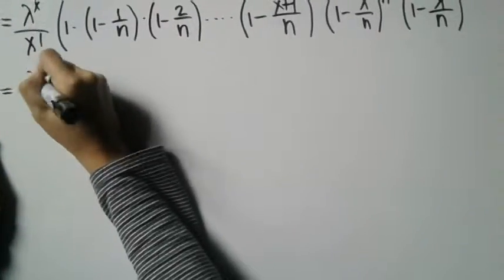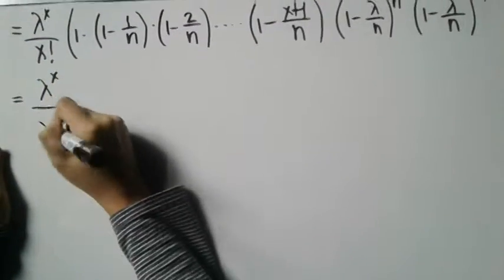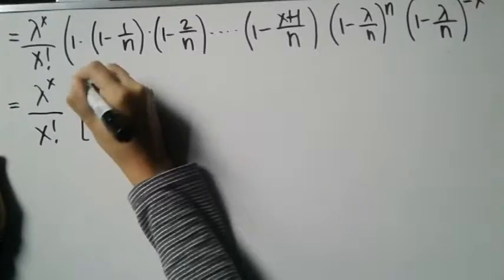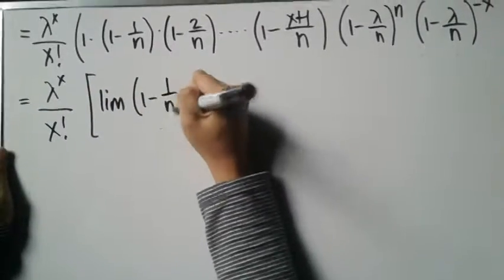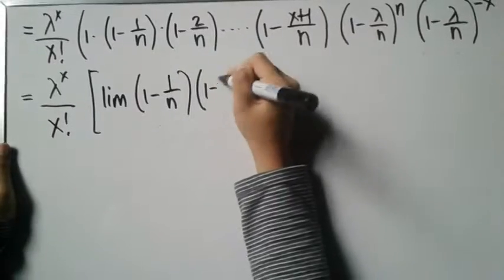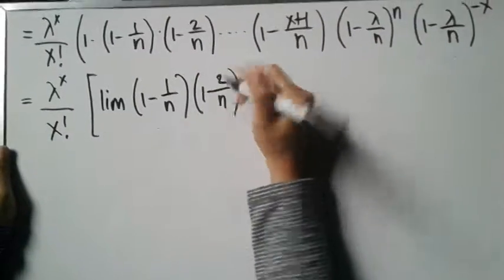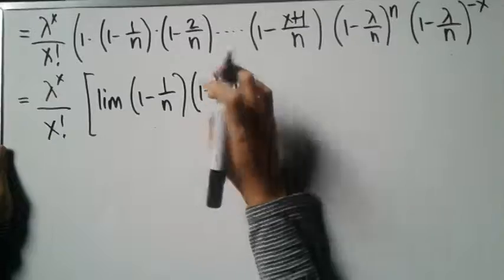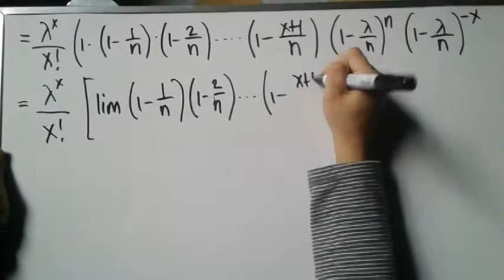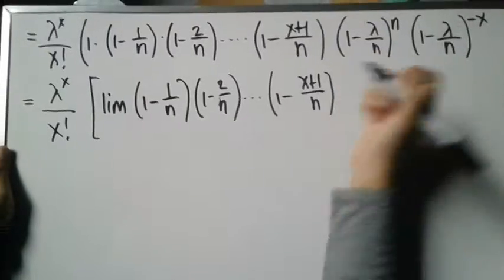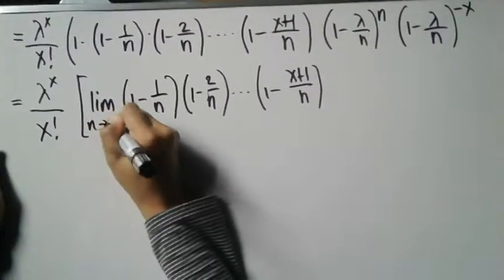And so we will now get the limit of (1 - 1/n)(1 - 2/n)...(1 - (x+1)/n) as n approaches infinity.